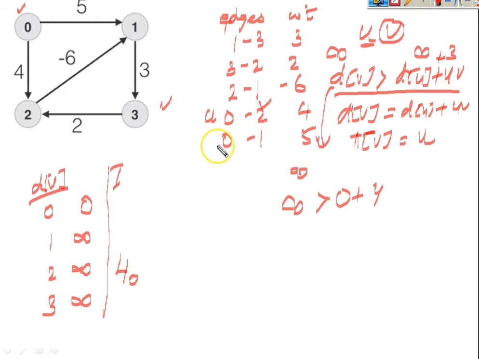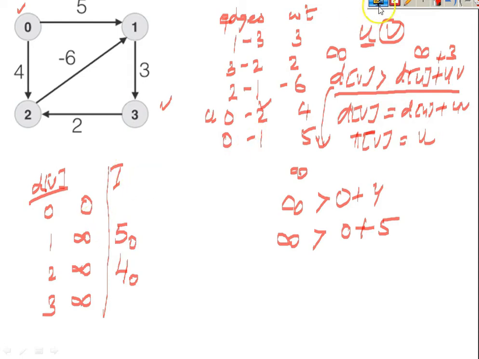Now 0 to 1, the d value of 0 is 0, and the d value of 1 is infinite, and the edge weight is 5. So this is again this situation, infinite is more than 0 plus 5, so we are going to change it. So you can see that 1 is going to be replaced with 5, and this is happening because of 0.